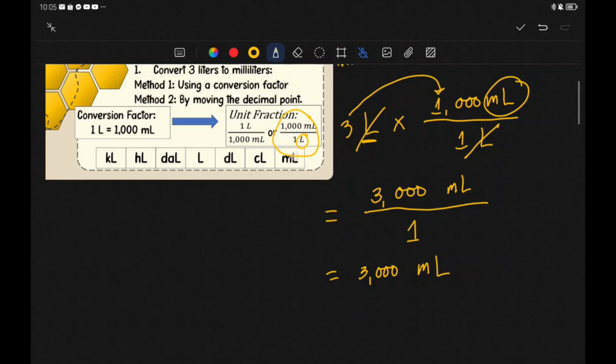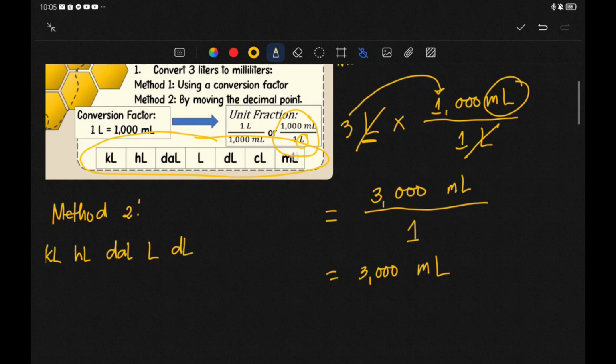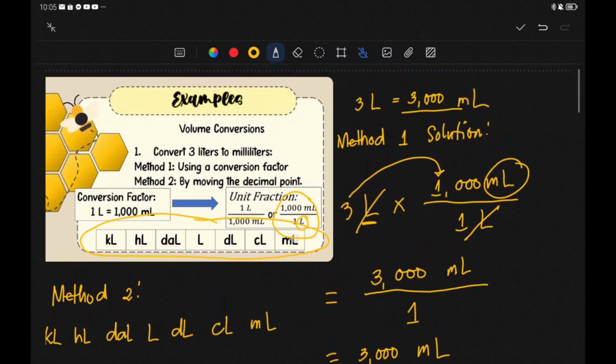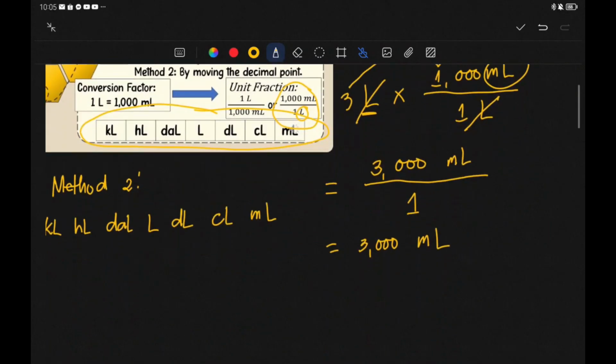For method 2, we are going to use this table. Kiloliter, hectoliter, decaliter, liter, deciliter, centiliter, and milliliter. So we are given 3 liters. So 3 is placed here.